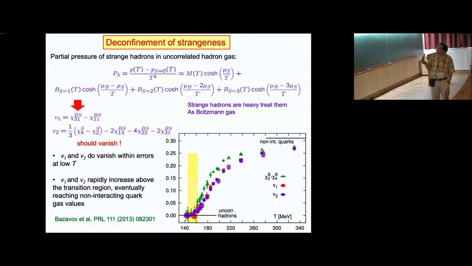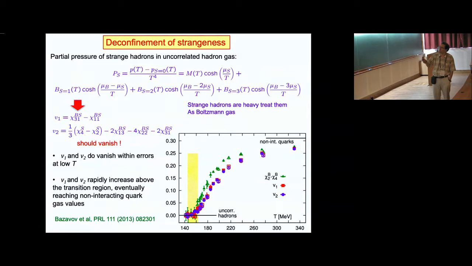So when you think of a strange contribution to the pressure, and you think of a simple hadron gas picture, you may say that the partial strange pressure can be decomposed into partial pressures due to strange mesons and strange baryons.